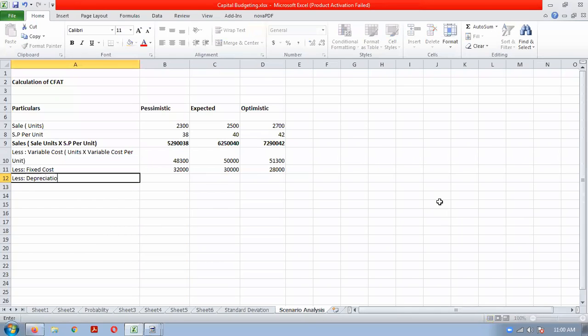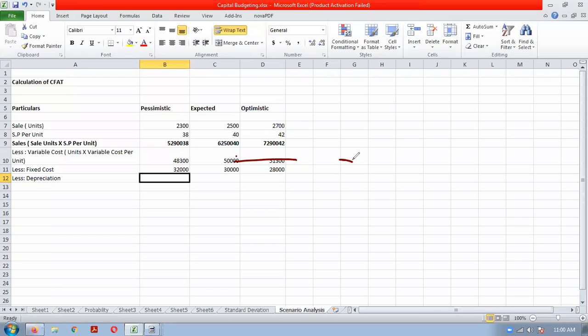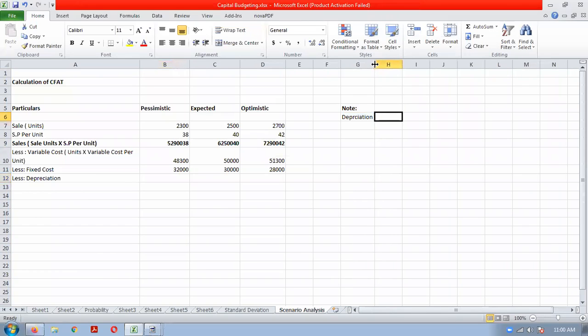Depreciation. Depreciation will be how much? It is straight line method, fixed installment. So 42,000 divided by 7 years will be the depreciation amount.